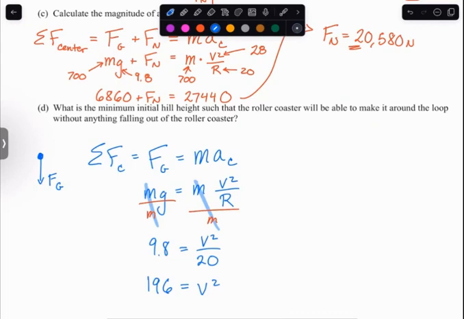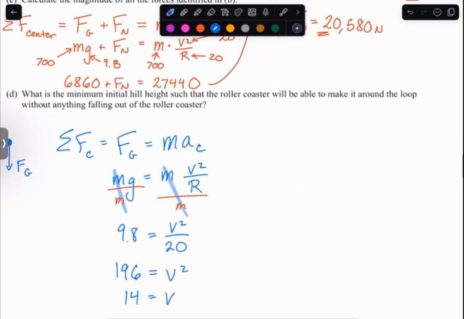I'm going to cancel out those m's, and I get a velocity of 14. So that means I need to have a velocity of 14 at point B, because that's how fast I need to be going so that stuff does not fall out of the roller coaster.